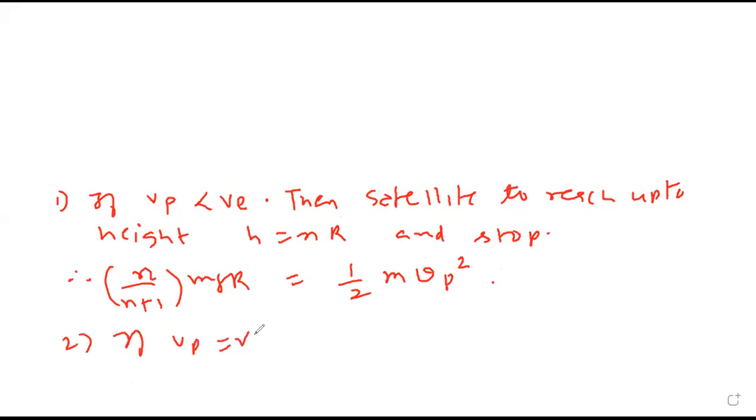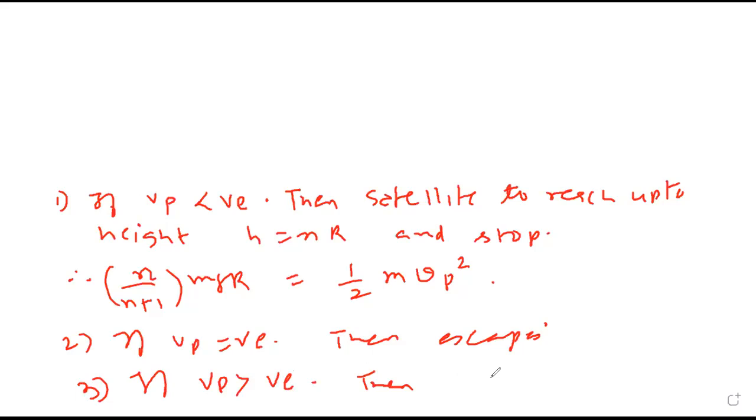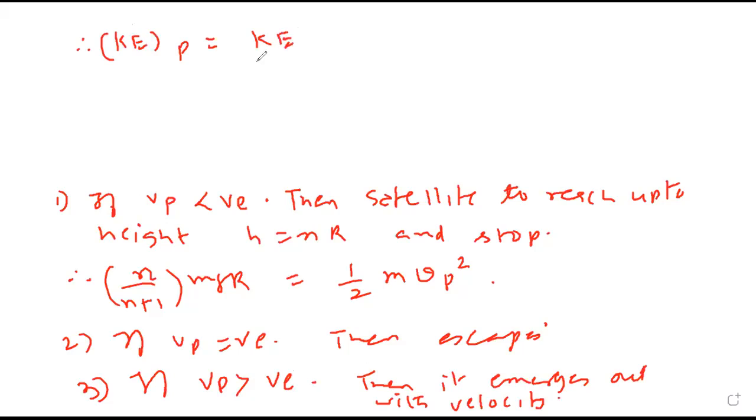If Vp equals Ve, then it escapes. If Vp is greater than Ve, then it emerges out with velocity. Not just escapes, it emerges out with velocity. Therefore, kinetic energy of projection will be kinetic energy of escape plus kinetic energy with which it emerges.